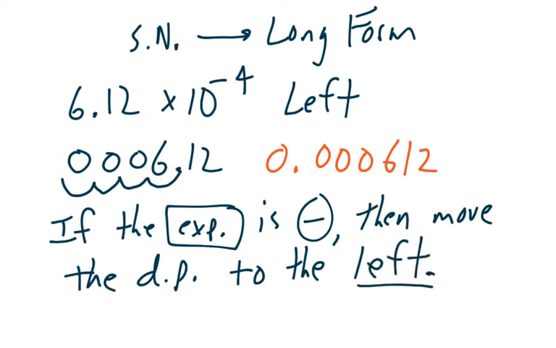And there's your answer. Okay? So the last part of this lesson was giving you a summary and with these rules written out so that you know what to do, whether you're going from scientific notation to long form or vice versa. Okay?